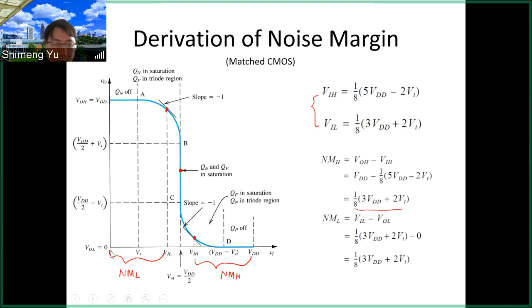And noise margin low is just the same as VIL because it's minus 0. You notice that the noise margin high and noise margin low in this case are the same. This is because this is a matched condition. So this is as expected.